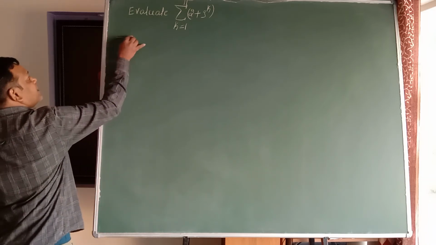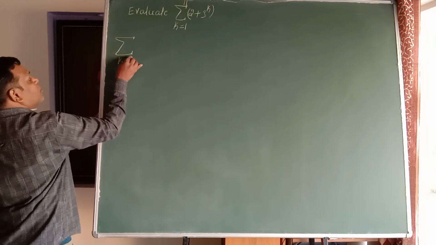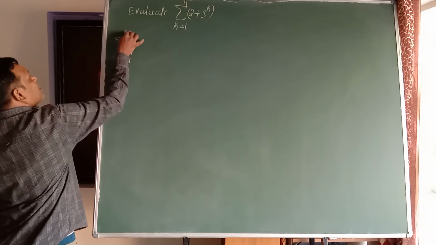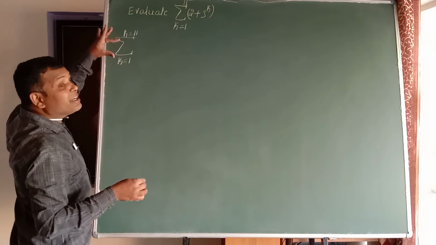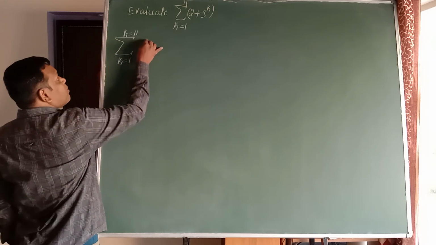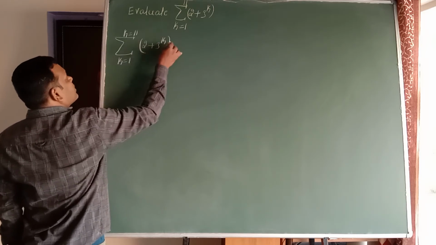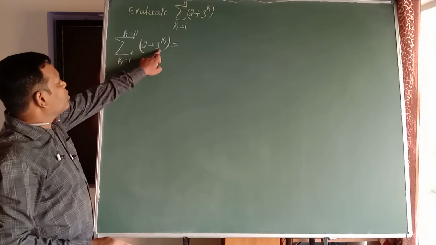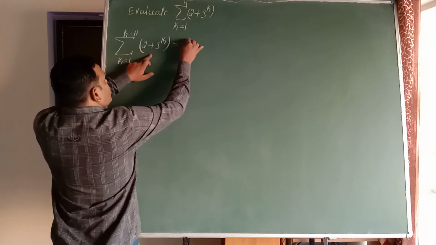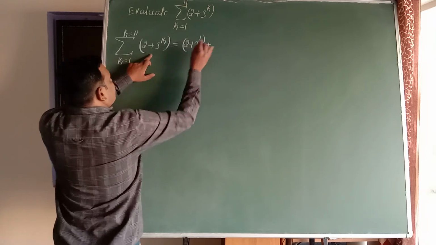We have to do like this. Sigma k is equal to 1 to k is equal to 11. I mean we have to consider sum of total 11 terms. So that becomes 2 plus 3 power k. This is the problem. Write down here. So when k is equal to 1, this term becomes 2 plus 3 power 1 plus.